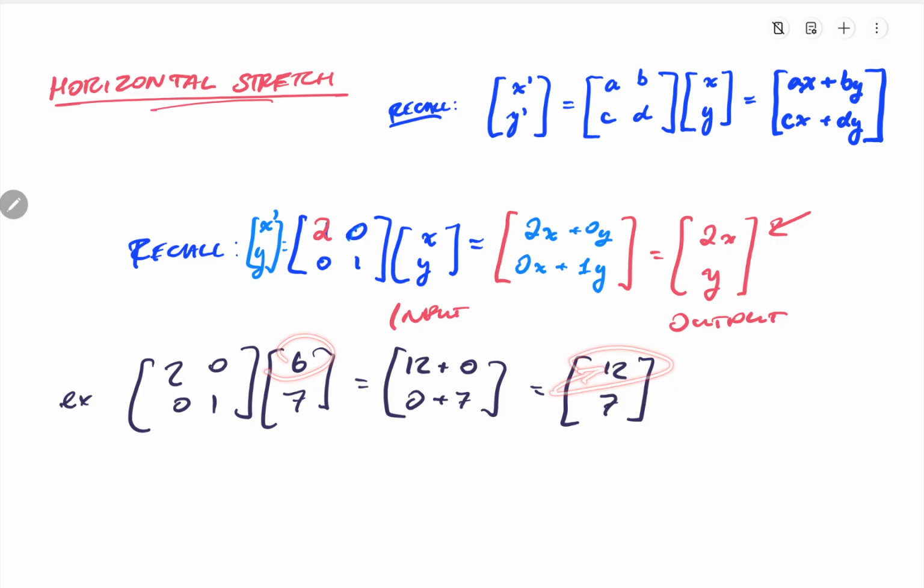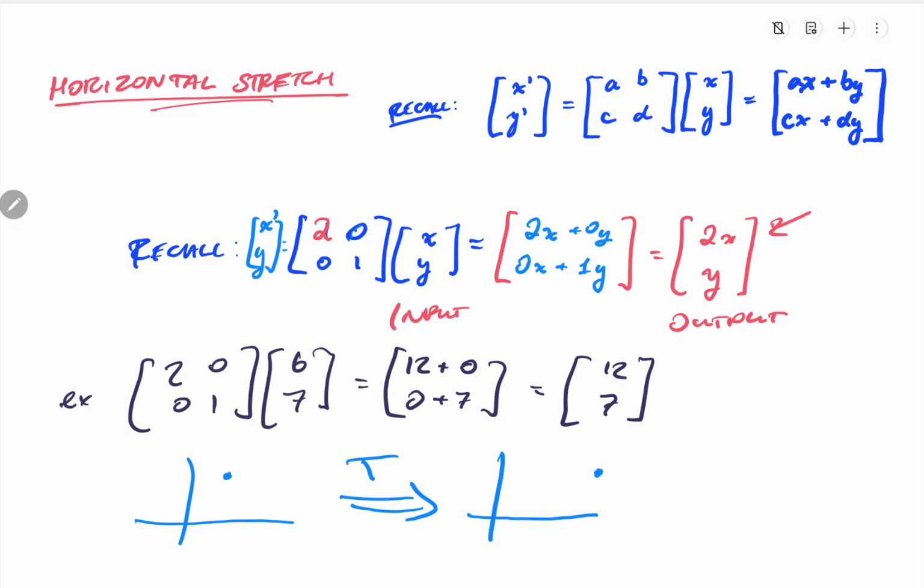So what this looks like, you can probably visualize this by yourself already, but we have our plane in R2. We are 6 to the right and 7 up. Actually, that'll be about here. That will be transformed to give us 12 to the right and 7 up.